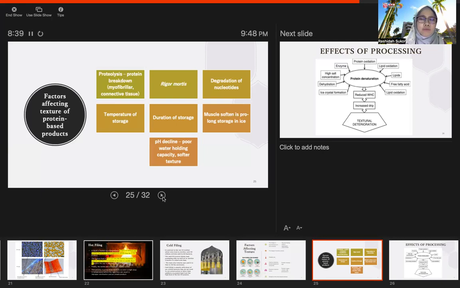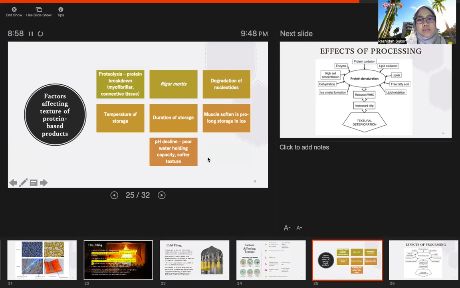As much as possible, we want to be able to maintain the taste and also the texture. But to do that, we have to really understand how to minimize the deterioration. Okay.